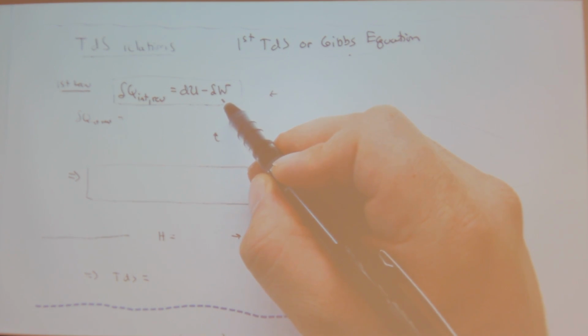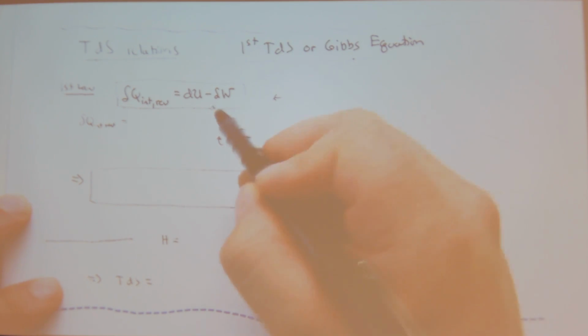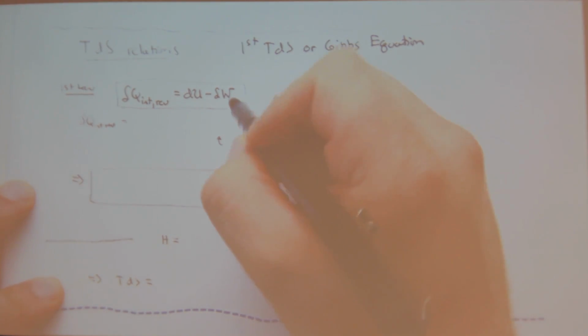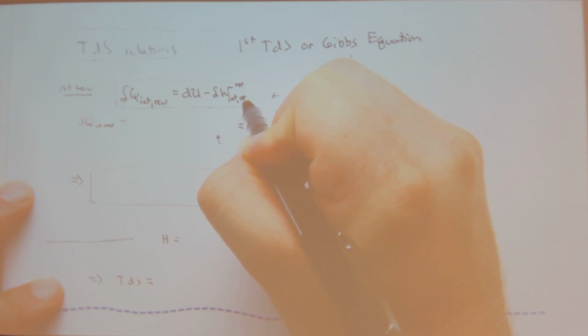This is work done on the system. If I put a plus sign here, I'd have to say it's work by. So this is work done on the system, and I'm going to put on, internally reversible.